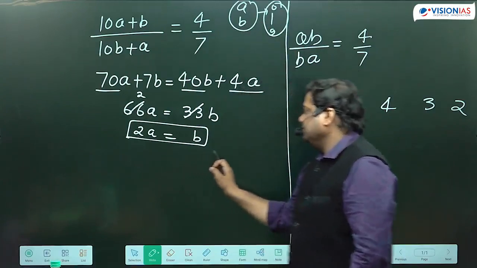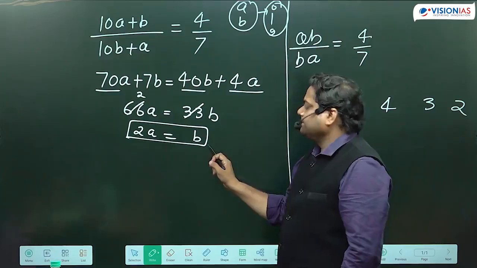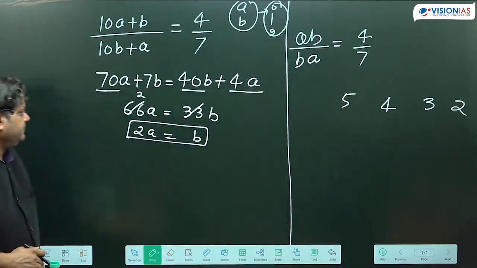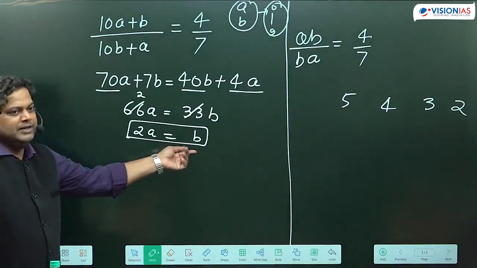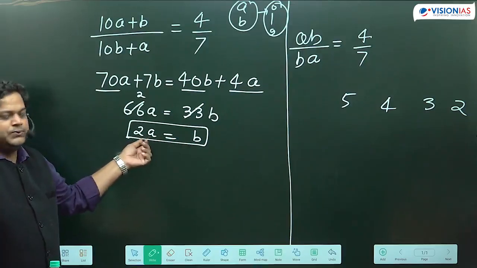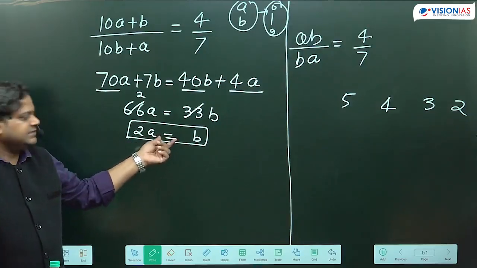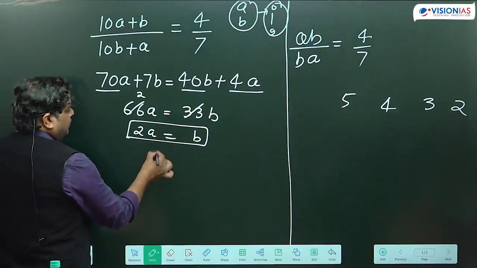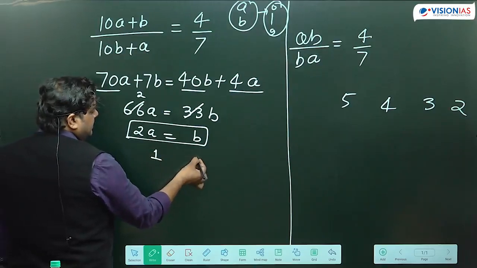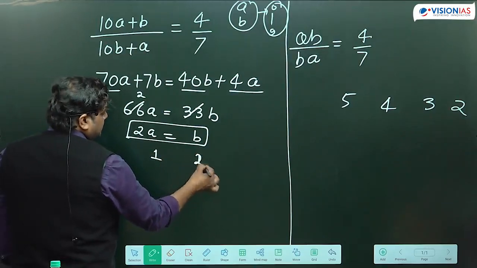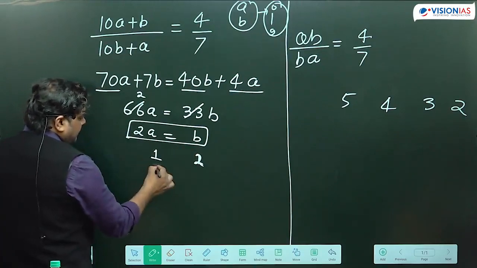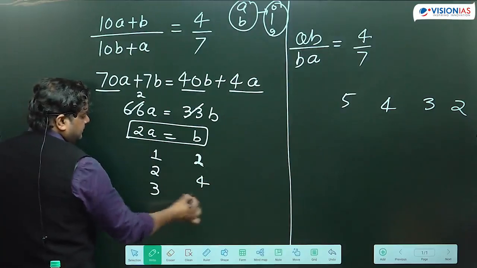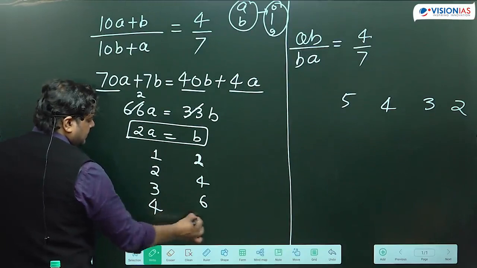तो b की वैल्यू, अच्छा आंसर 3 पेयर्स आ रहा है, 4 पेयर्स. So what values we can put for b? b is equal to 2a, तो a की वैल्यू पुट करके रखते हैं, which is smaller. a की वैल्यू if I put 1, तो b की वैल्यू will be 2, 2 into 1. a की वैल्यू if I put 2, 4, 3, 6, 4, 8.